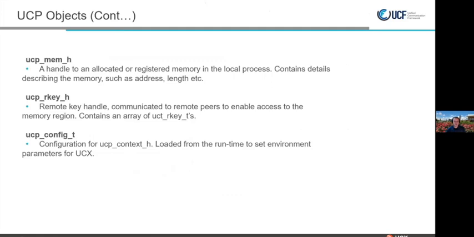Then in order to do either send, receive, or put/get operations on that memory, there's something called the UCP rkey, which is a remote key. And this is used to communicate between two different endpoints. Finally, we have a high-level configuration file, and this is just used to set up the context for each application process.